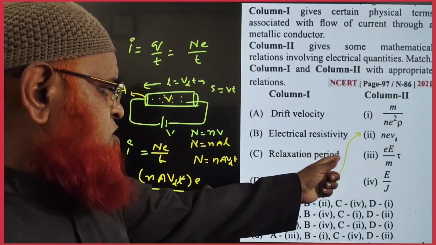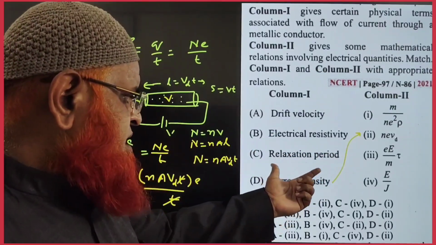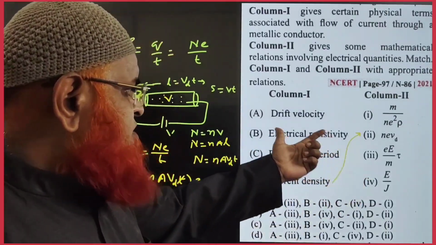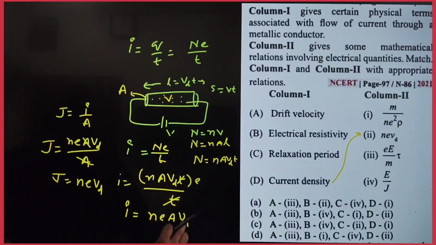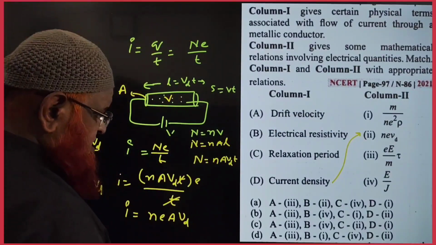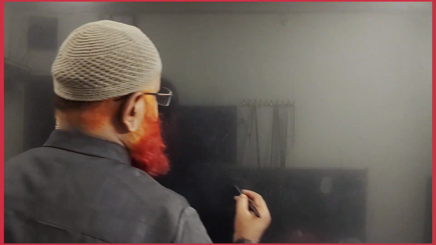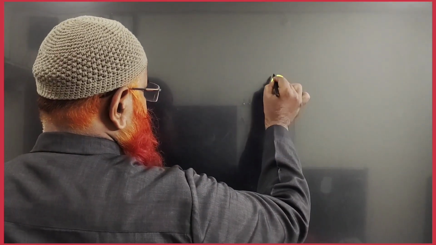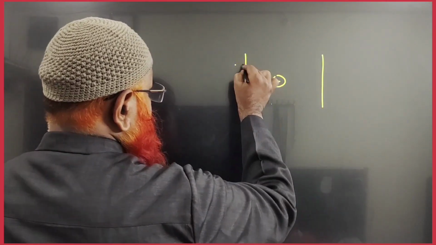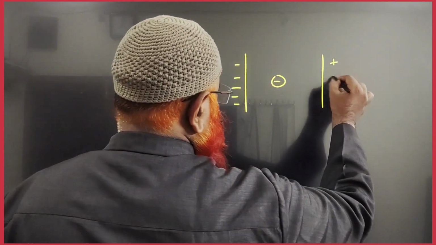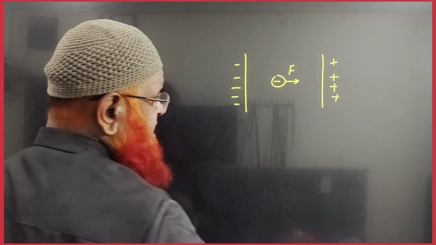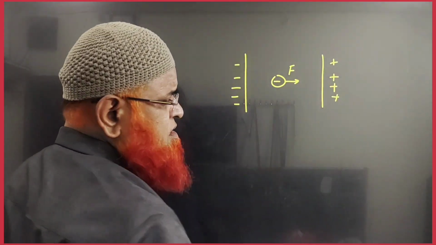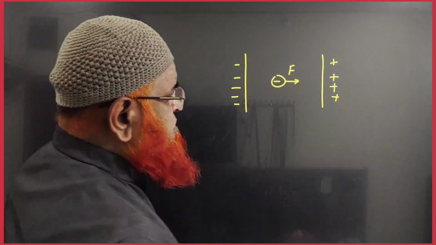So the fourth, that is the current density formula, is N E Vd. Now, let us discuss the meaning of drift velocity. This is said to be the drift velocity here, but let me discuss what is going to happen. Let us consider one electron which is in between one positive and one negative terminal. A force is applied, which makes the electron move in an electric field from negative to positive.